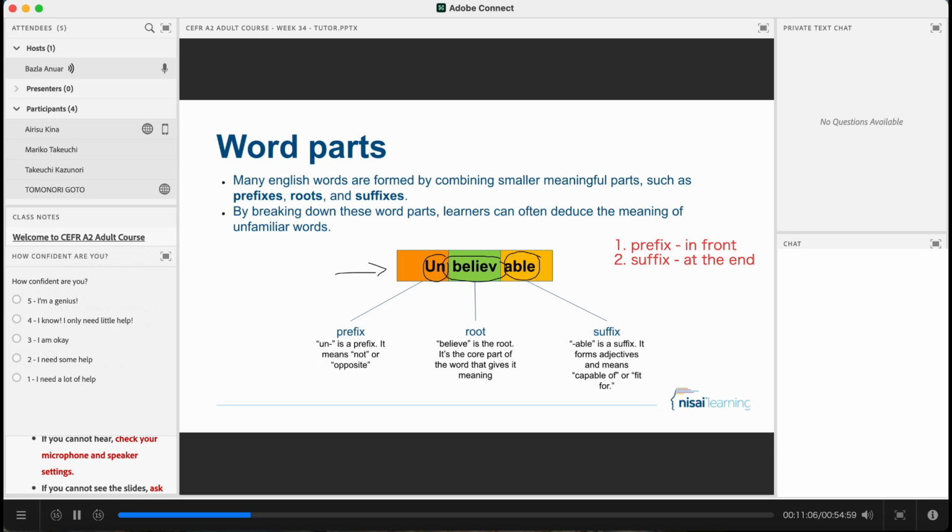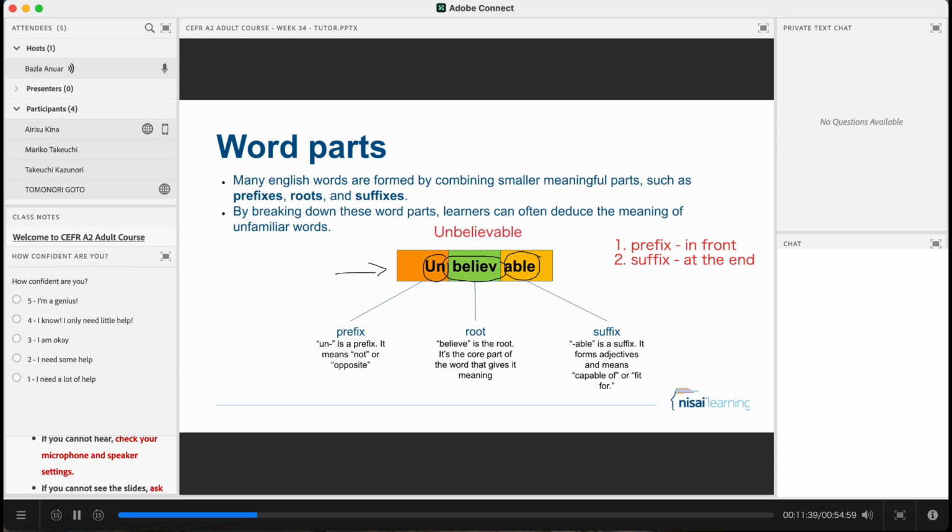Okay, so let's get started, shall we, everyone? So we were looking at word parts. In English, words are formed by combining smaller meaningful parts that consist of prefix, roots, and suffixes. For example, I have the word unbelievable.